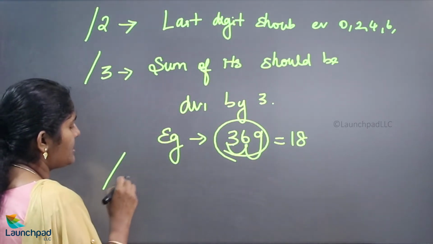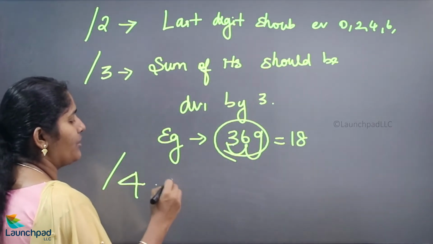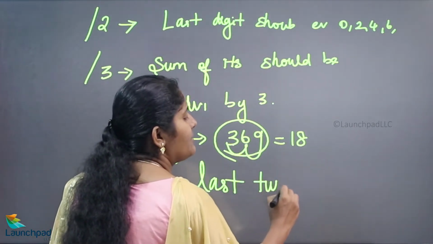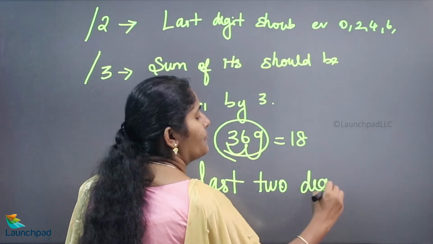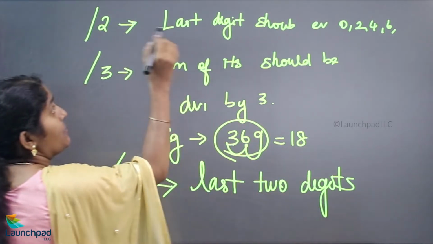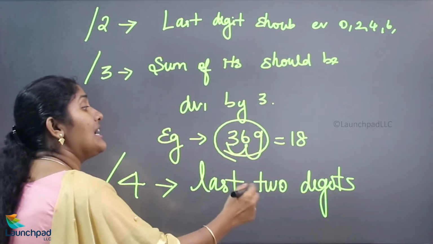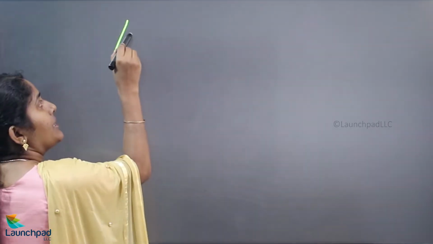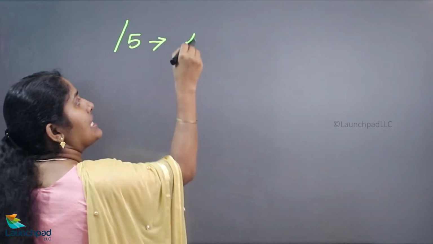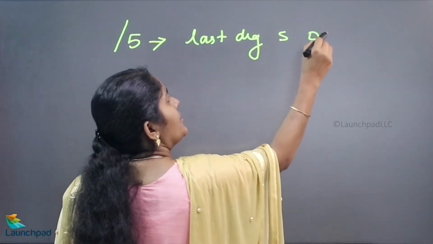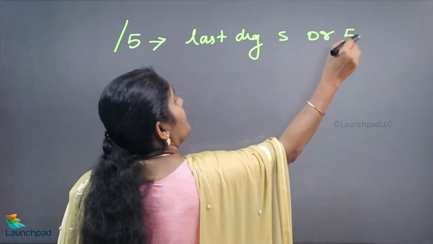And the divisibility rule for 4 is that the last 2 digits should be divisible by 4. If it is 2, we check the last digit alone. If it is 4, we need to check the last 2 digits. The rule for 5 is that the last digit should be 0 or 5.